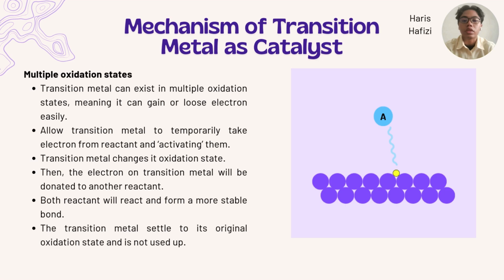This means that a transition metal can act as the middleman that holds and transfers electrons to reactants. It can temporarily take electrons from a reactant and also donate those electrons to another reactant. This transfer of electrons alters the electron distribution within the reactant bonds, making it easier to form bonds between reactants. And when all the reactants have reacted, the transition metal will return to its original state.